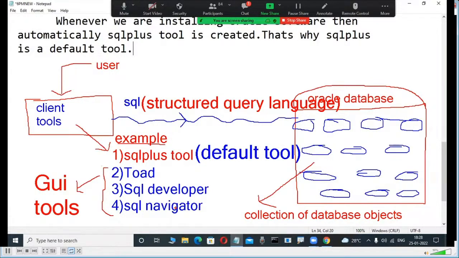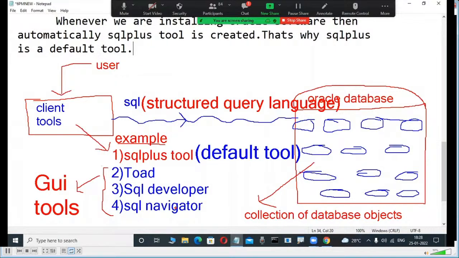Users connect through client tools, with names like SQL Plus, SQL Developer, SQL Navigator; SQL Plus is the default tool we do not need to install. Through these tools we connect to the server, which is the Oracle database. Once connected, we use the SQL language, and by using this language we operate the Oracle database.